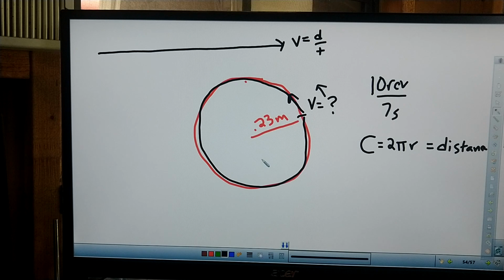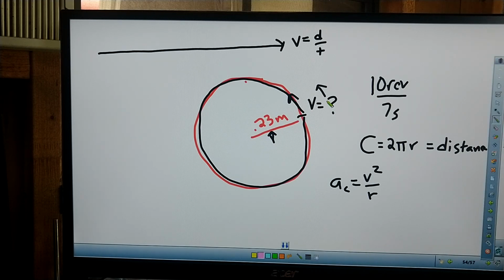Secondly, I want you to tell me the acceleration of that piece of tape using v squared over r. We know that 0.23 is the r, and the velocity is going to be the velocity that you just solved for. So the circumference, 2 pi r, is going to be the distance. 10 revolutions would be what distance?